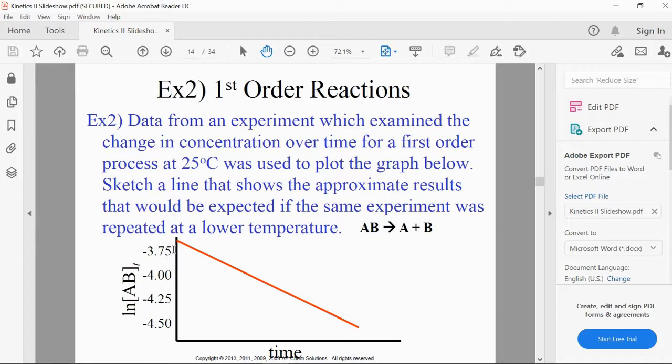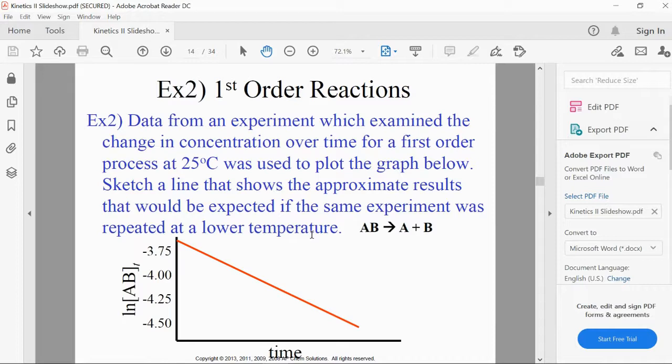So hopefully you can recognize that if we're running the exact same experiment, our line should start at the same concentration because we haven't altered the concentration. The initial concentration should be the same. So our line should start here. But if we lower the temperature, that means the rate is going to be moving slower.